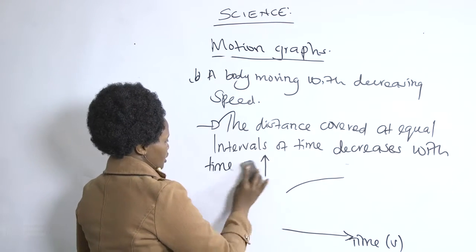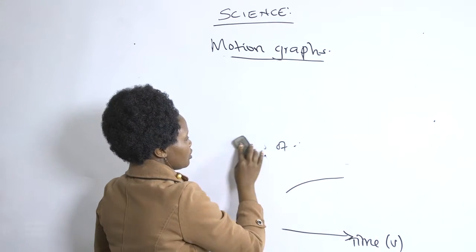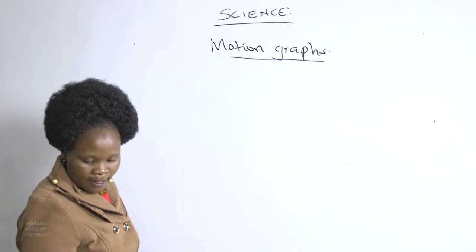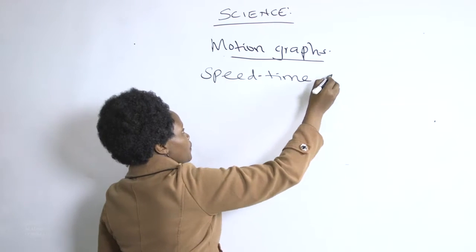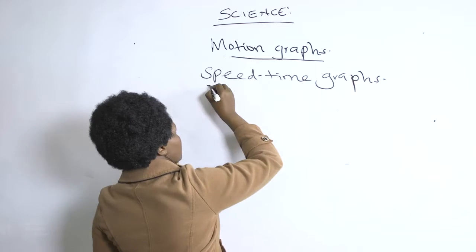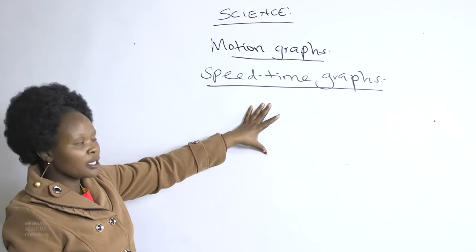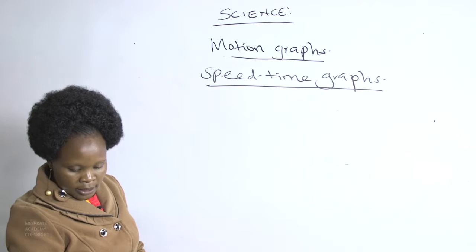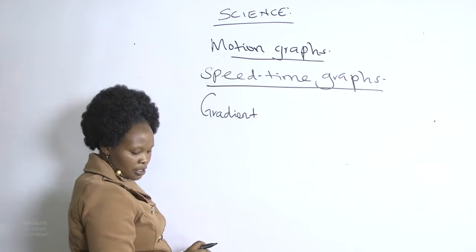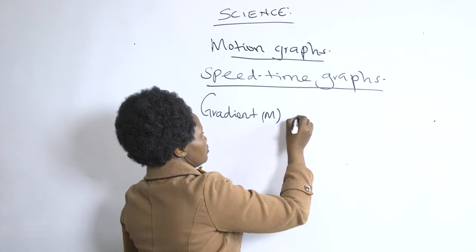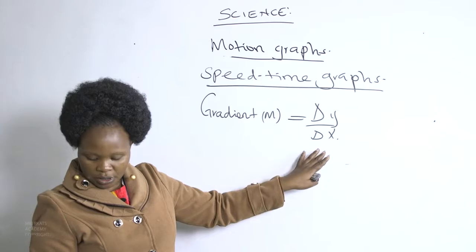Now, let us look at speed time graphs. And again, we could try to interpret these graphs in general, and the gradient of these graphs, which you are going to call again M, is given by change in y over the subsequent change in x.